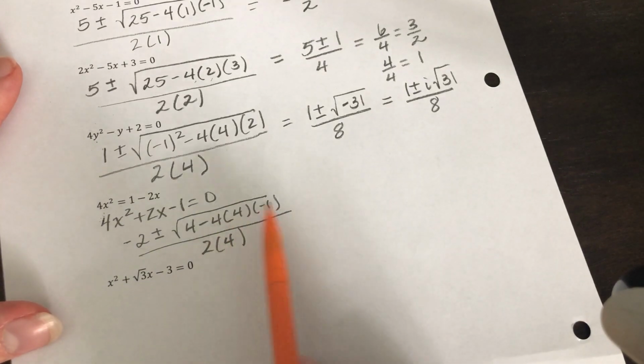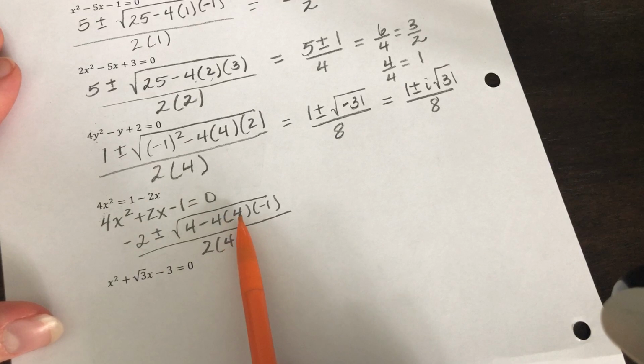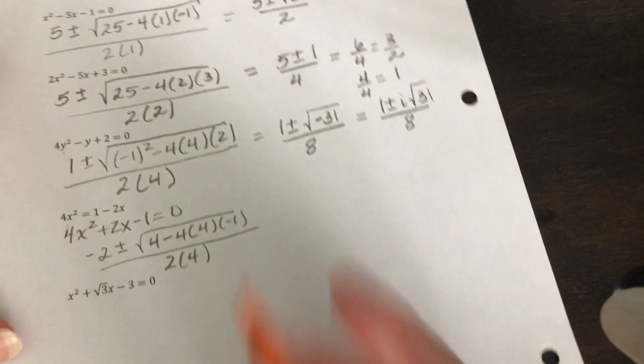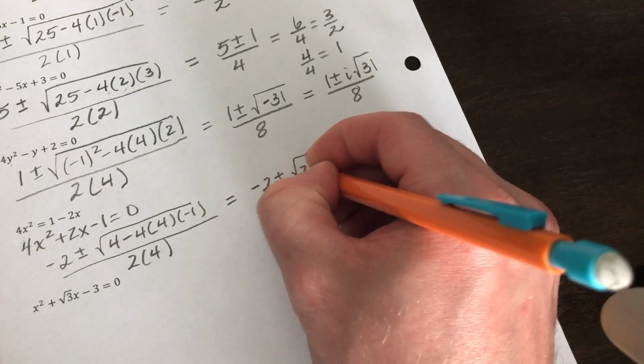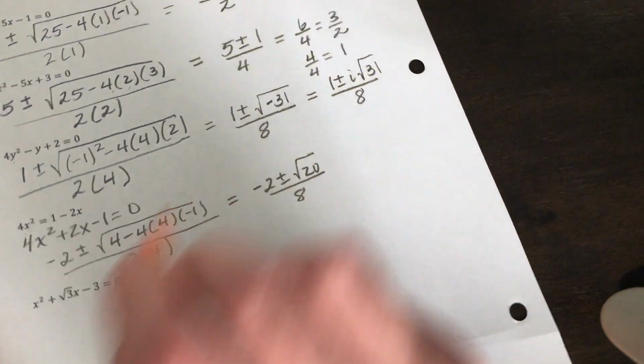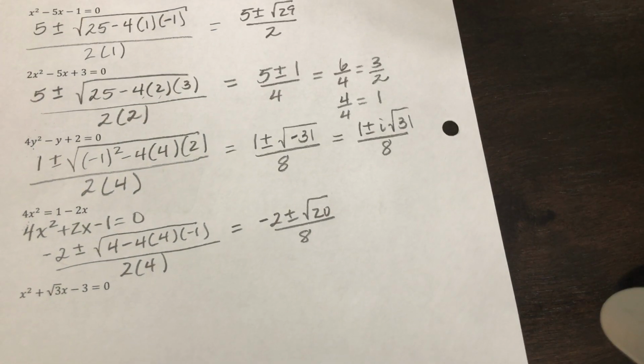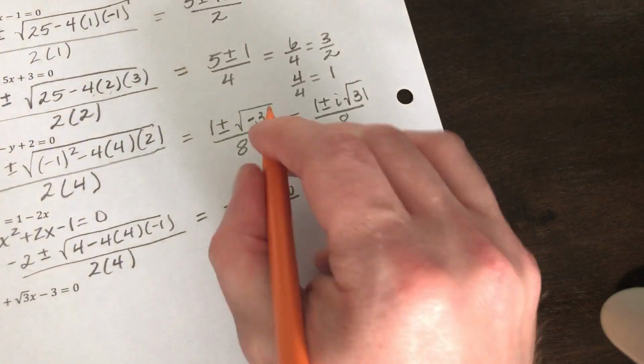Okay, so a negative times a negative is a positive, so it's 16 plus 4 is 20, over 8. And the square root of 20 is going to break down into 2 square root of 5.